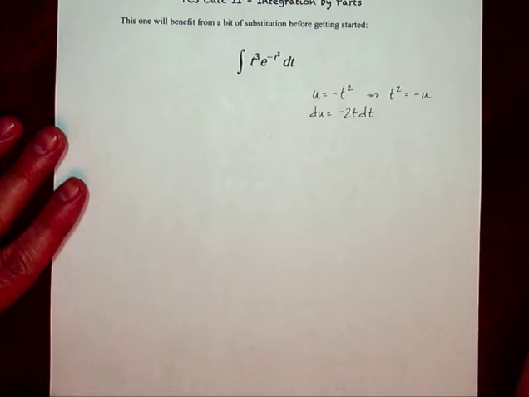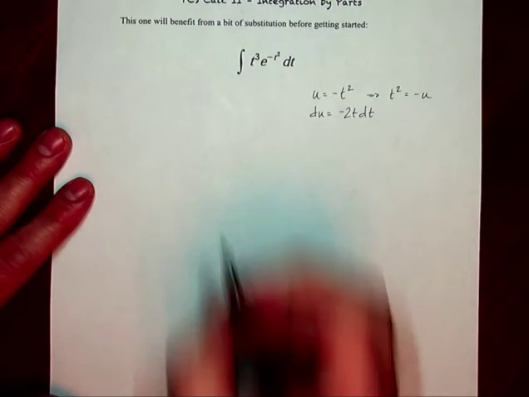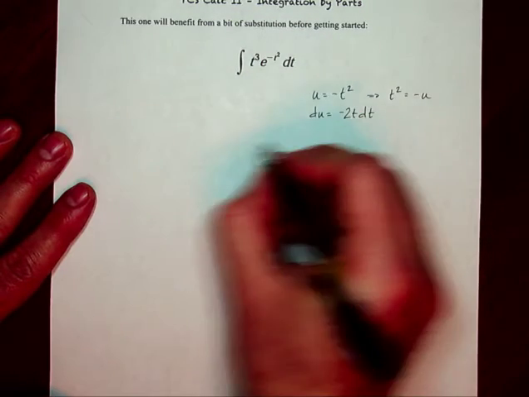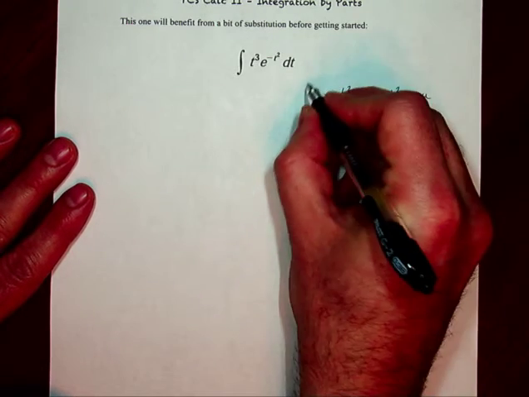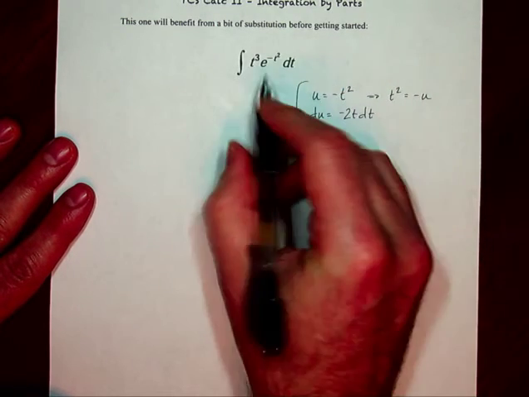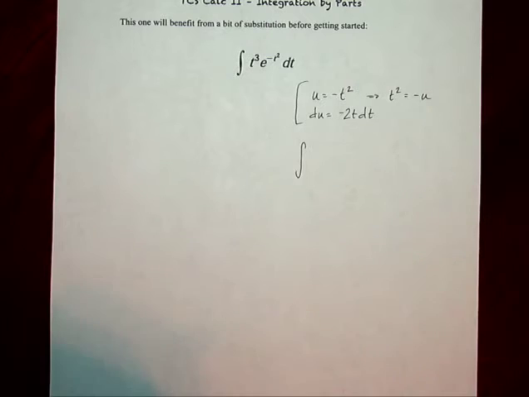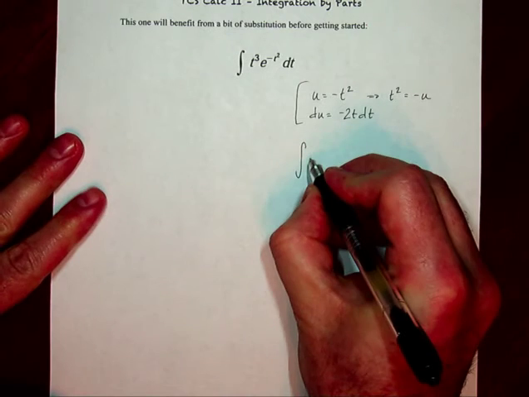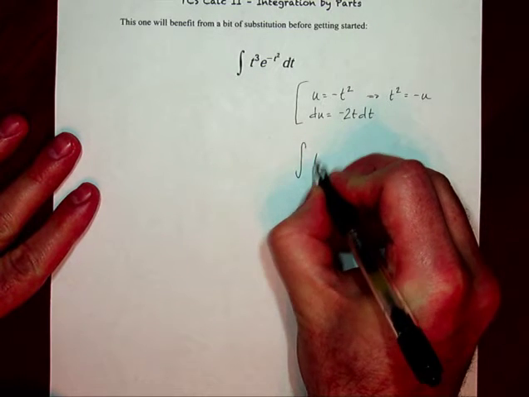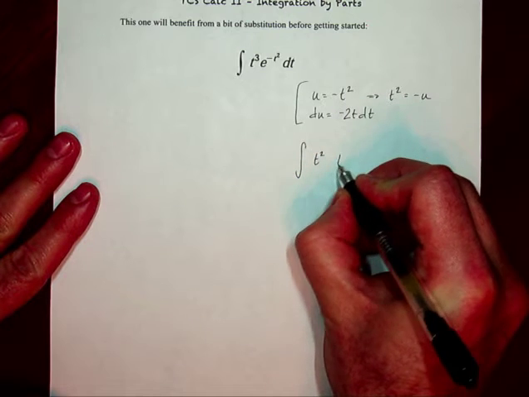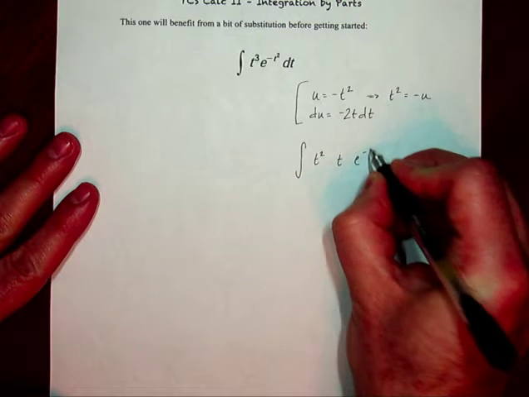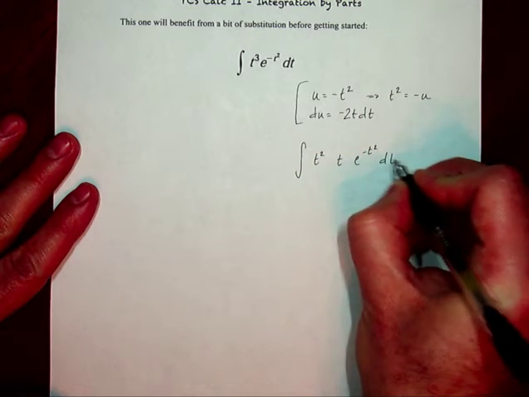Well, if that's the case, then I can change this whole thing up, because I can actually pull t cubed apart, and t cubed can become t squared and t, and e to the negative t squared dt.